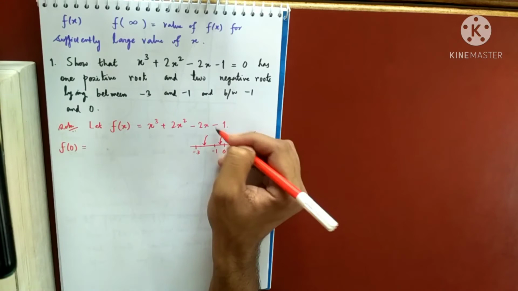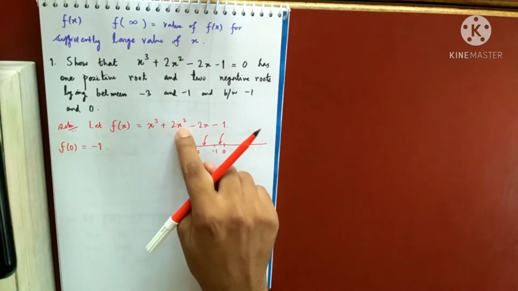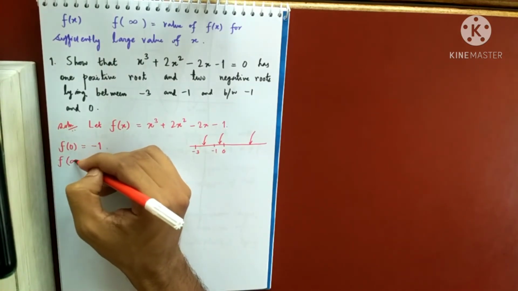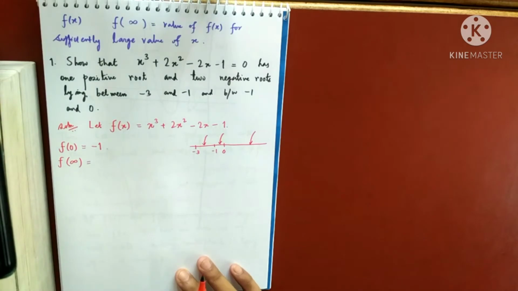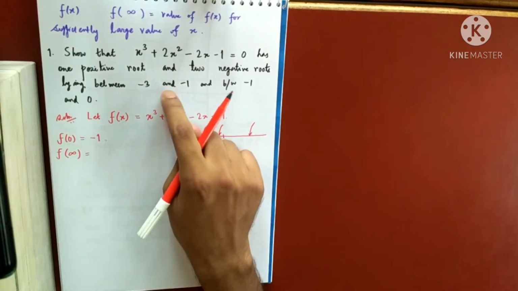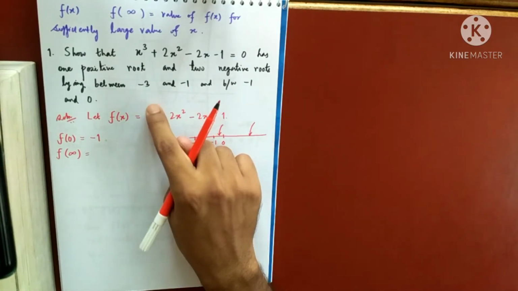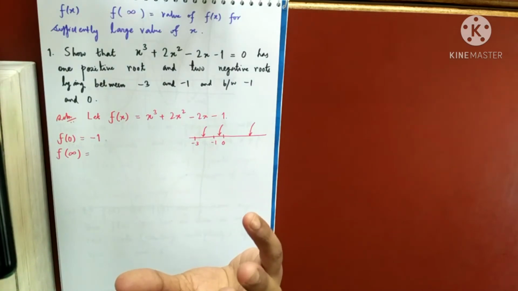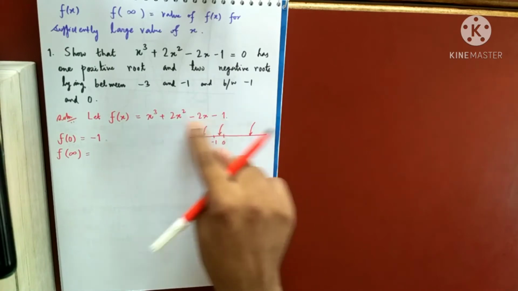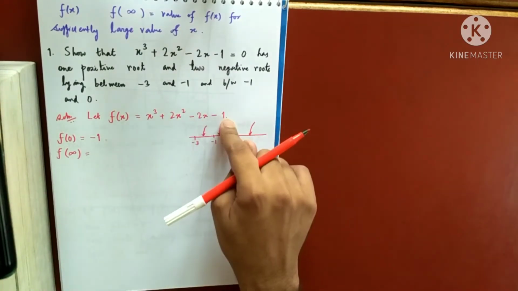Now what is f of 0? f of 0 is clearly minus 1, right? Because you put 0 here, 0, 0, 0 and then minus 1. What is f of infinity? That means for a sufficiently large value of x, what is f(x)? You are putting a very large value here. Remember, I can choose a very big x for which this term is more than all these terms, because the cube can be made very big as compared to these terms.